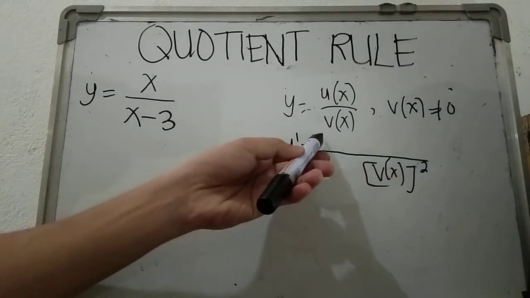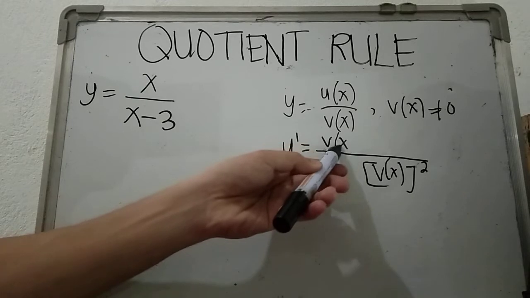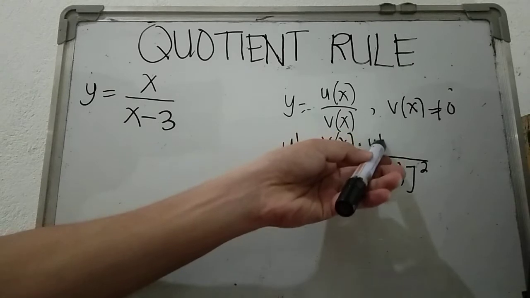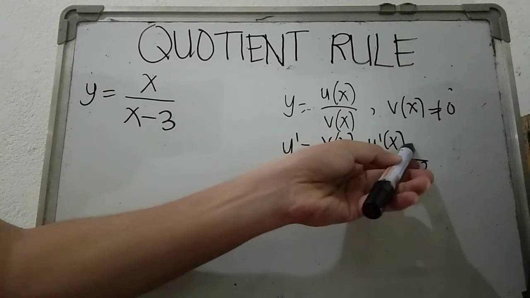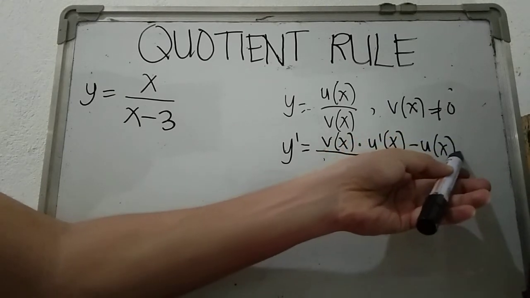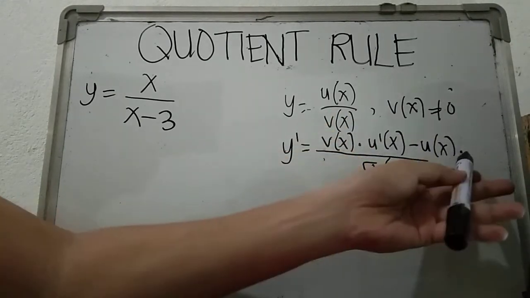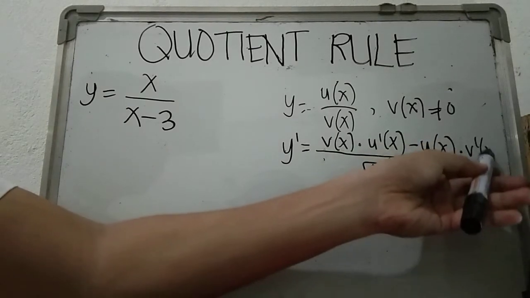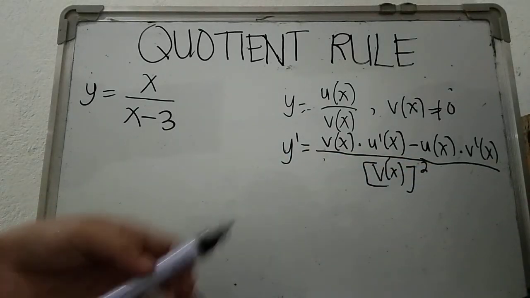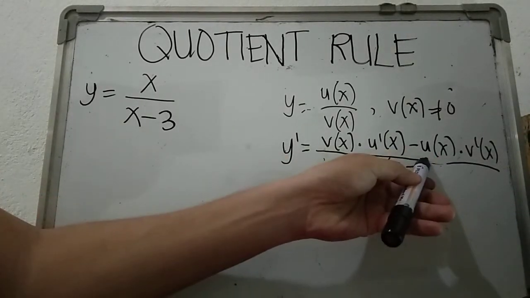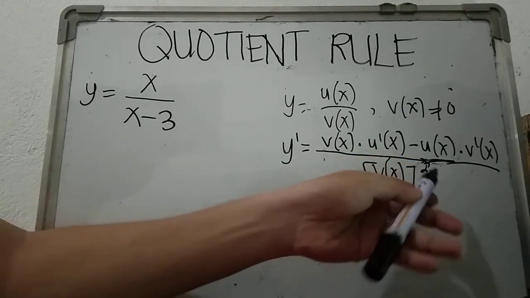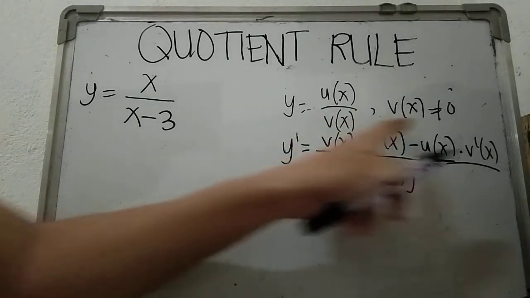And then copy your denominator here, which is v of x, and multiply that with the derivative of the numerator denoted as u prime of x, minus copy your numerator part, which is u of x, and then multiply that with the derivative of the denominator denoted as v prime of x.